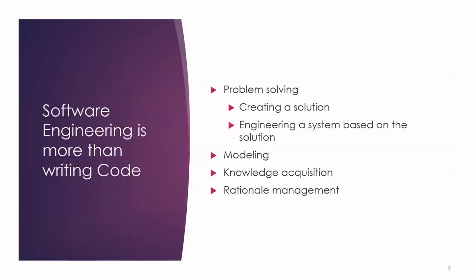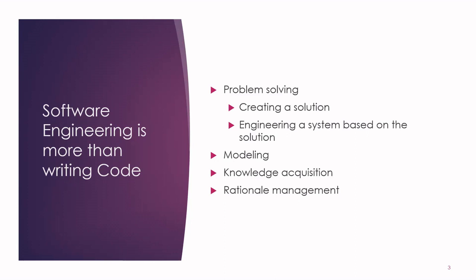So when we say software engineering is much more than just coding, we're talking about problem solving. So you have a problem. It's not just writing code. You have a problem that you're trying to solve. So you need to understand that problem first, and you need to figure out what is the best solution for that problem before you start creating the solution.